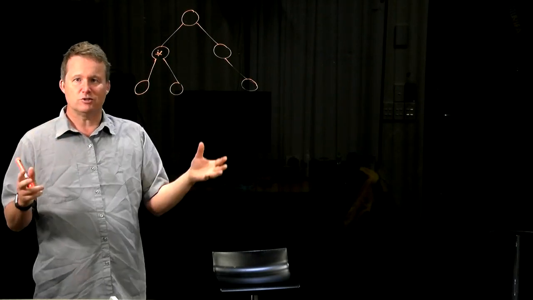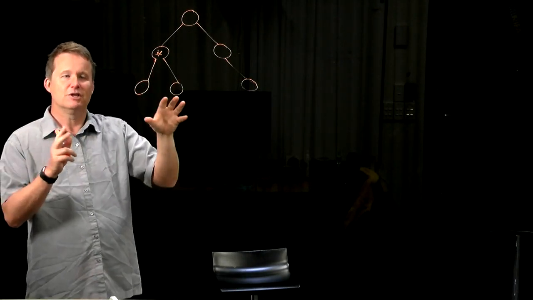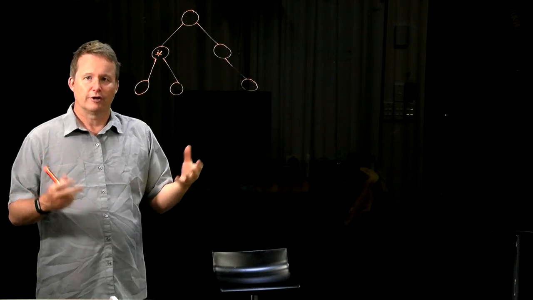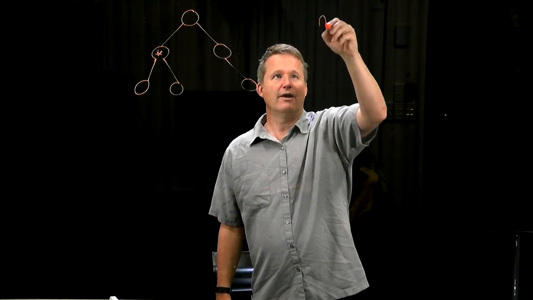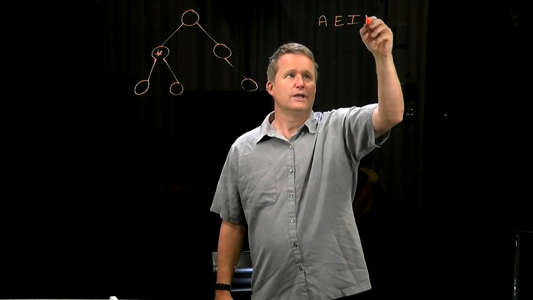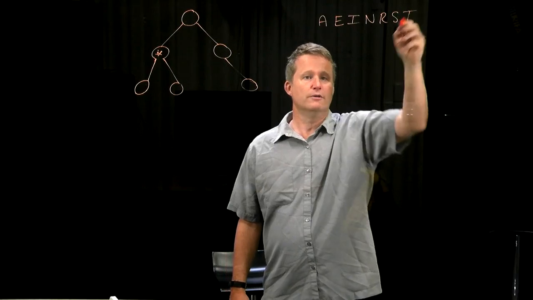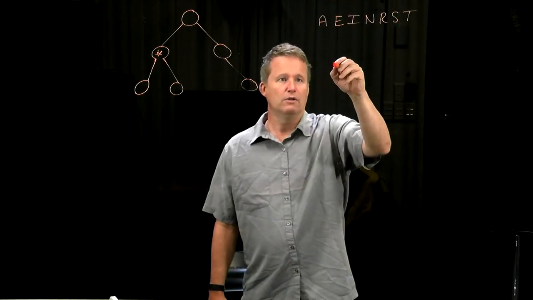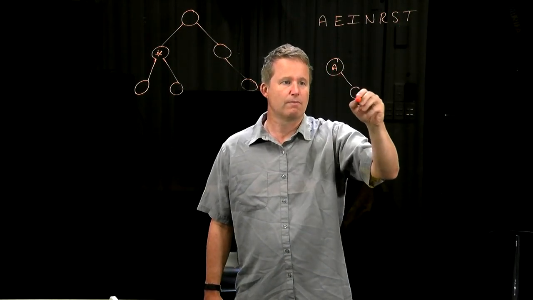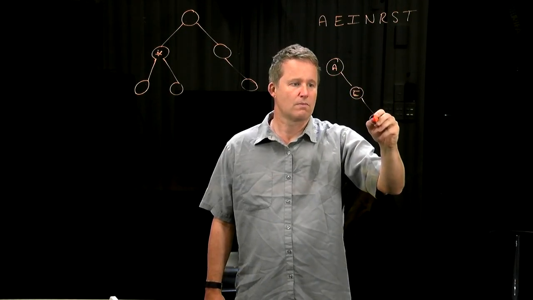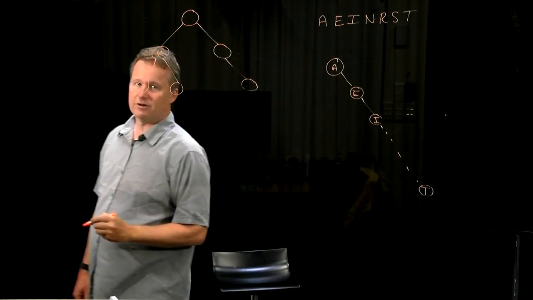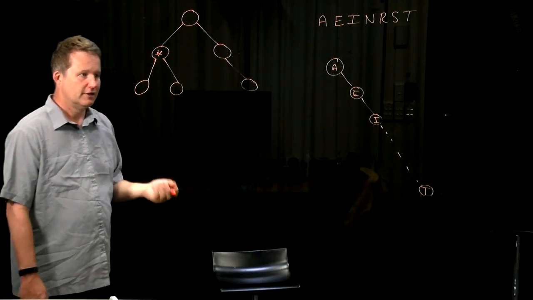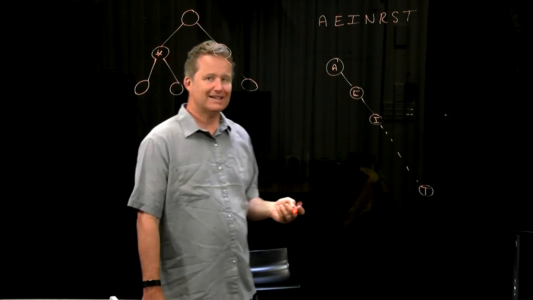And for a given set of keys, there can be many different trees with that number of nodes, with different shapes, which all work. For example, if I have those keys that I looked at before, well, I could have this big long degenerate tree that goes down like that with height 6.